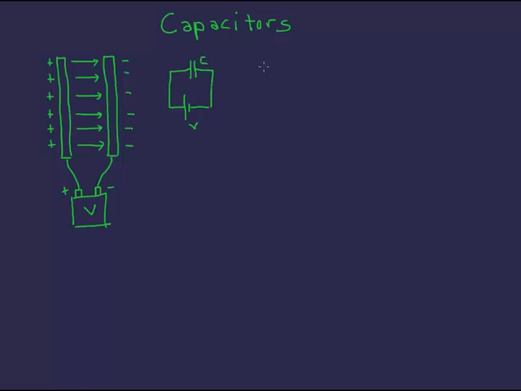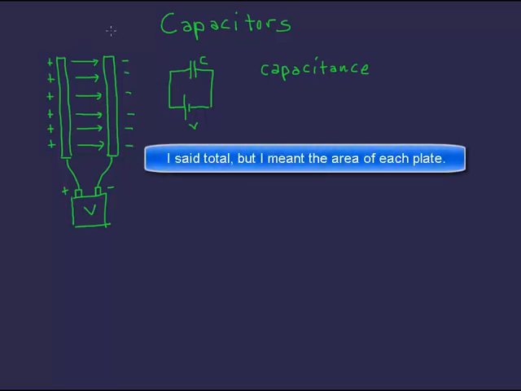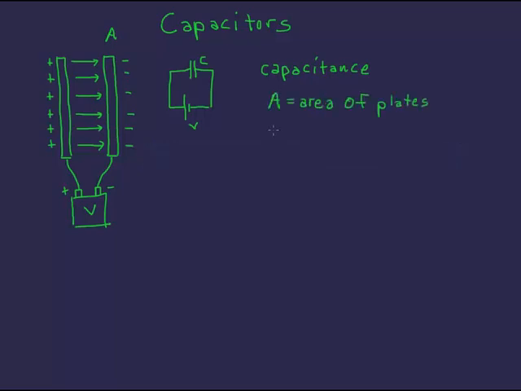That leads us to an idea called capacitance. A capacitor physically consists of two parallel plates, and it has some physical properties. One of those physical properties is the total area of the plates. So we're seeing it from a side view, but these plates have an area. And also, there's the gap between them, which we're going to call little d.